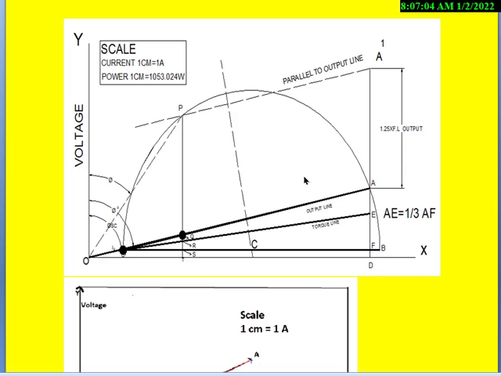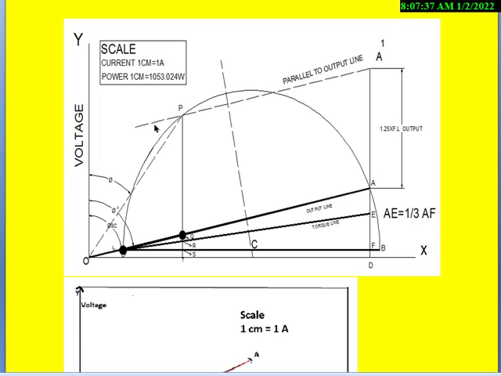When we draw the exact diagram with AutoCAD, we get a diagram like this. This is the voltage axis and this is the OX axis, and this is the stator copper loss, whereas this is the rotor copper loss, and this is the output line, this is the torque line.